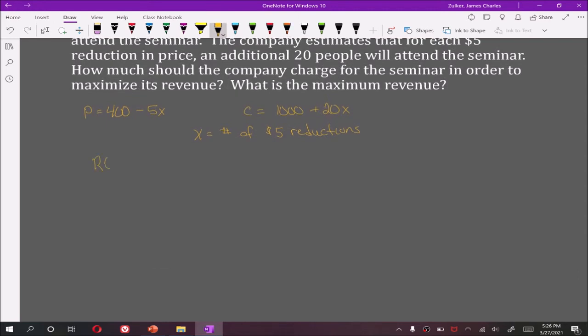Well, revenue, again, is the price charged per unit times the number of units sold.